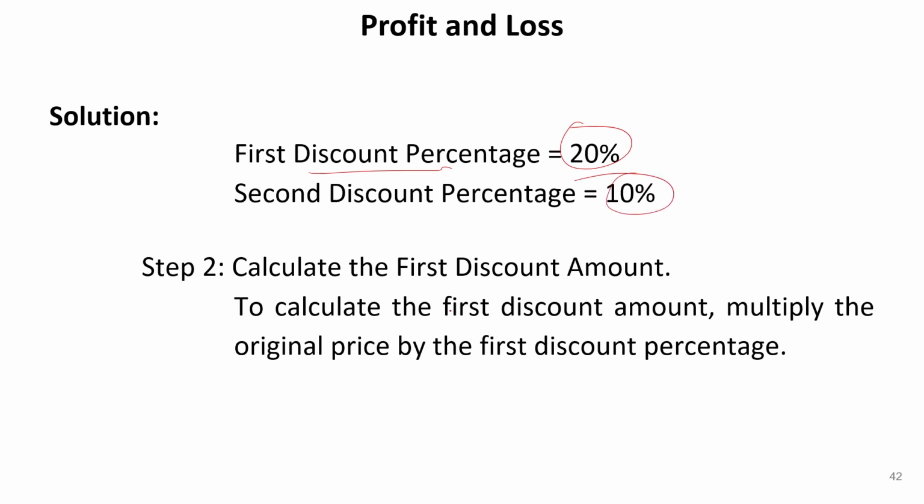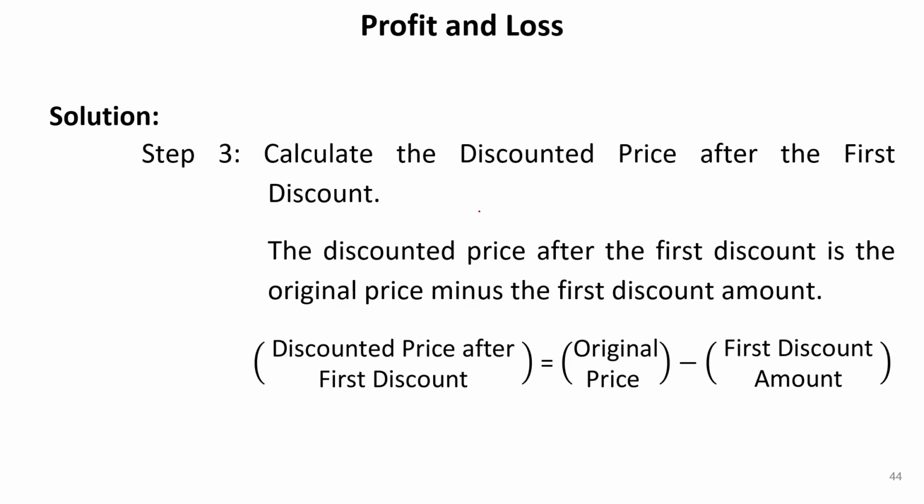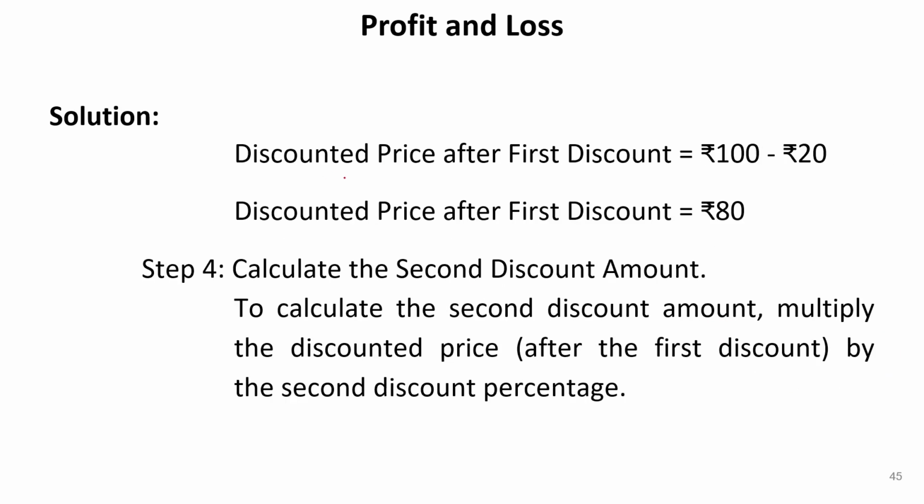So calculate the first discount amount. To calculate the first discount amount, we use this formula: original price into first discount percentage is equal to 100 into 0.2 is equal to 20 rupees. So calculating the discounted price after the first discount: original price minus first discount amount, 100 minus 20 is equal to what, 80, right?